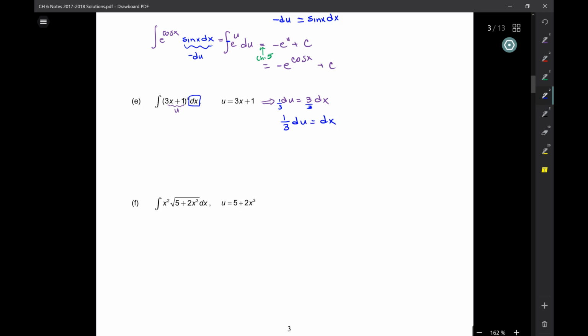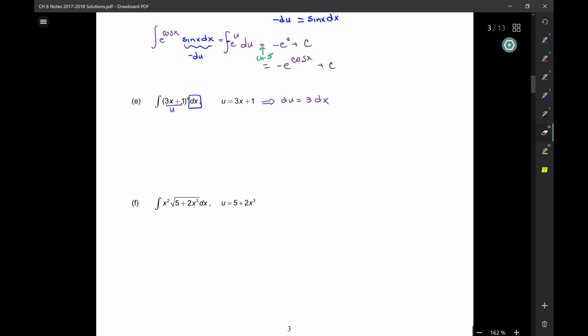Here's why we have to do it. This is our original function. We picked 3x plus 1 for u. So if this was my u, now I have u to the 4. What do I have left over? dx. When you take du equals 3dx, you need dx to be by itself to match.